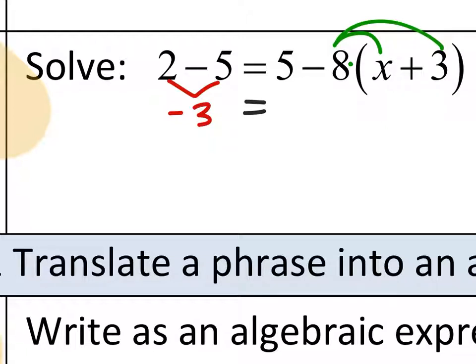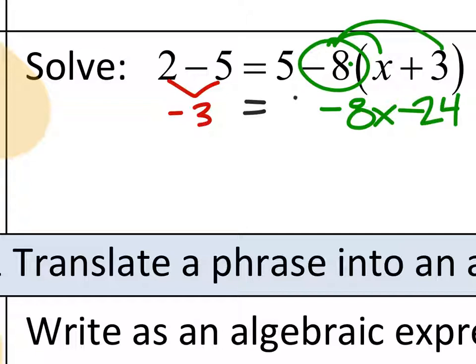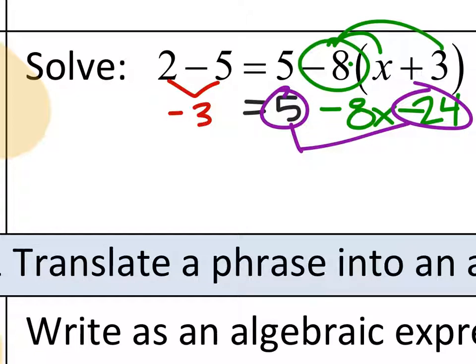So distributing that negative 8 into the parentheses. Negative 8 times x is negative 8x, and then negative 8 times 3 is negative 24. And we have that 5 leading in front. And now I can combine my like terms, the 5 and negative 24, which combine to negative 19, and all this other stuff.